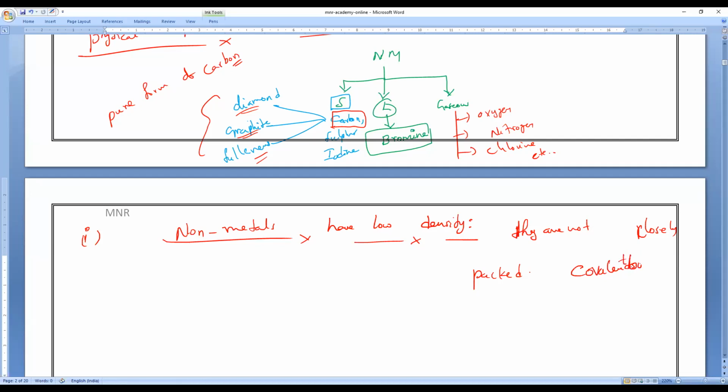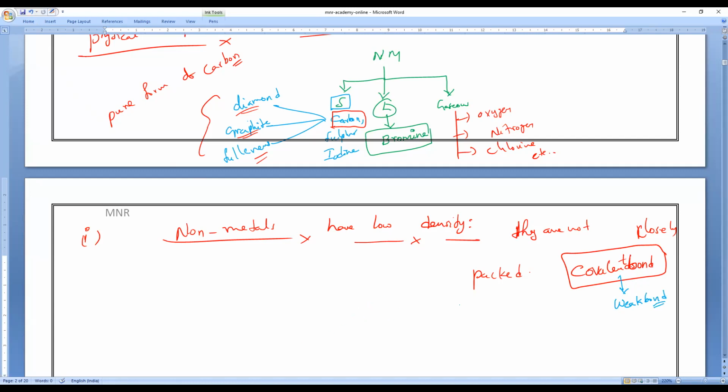We'll study it in the next half of the chapter. Just remember, the bond present between the non-metals we call a covalent bond, which is actually a weak bond. That is what you have to remember.